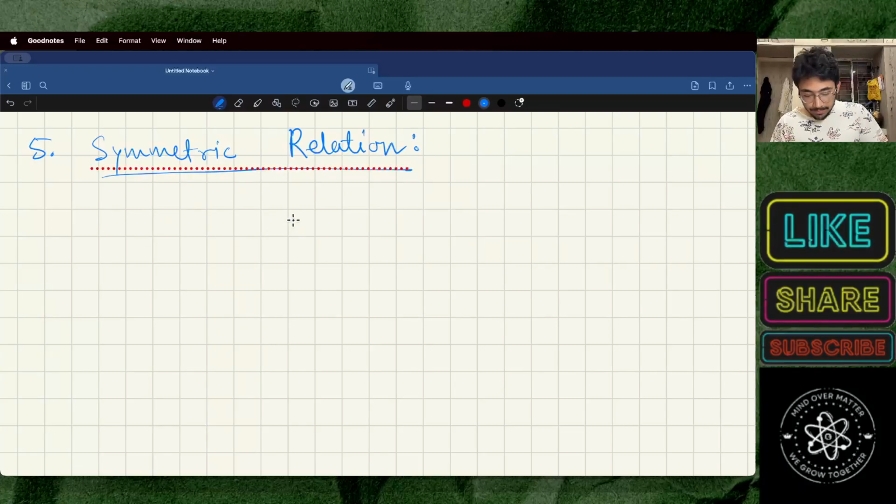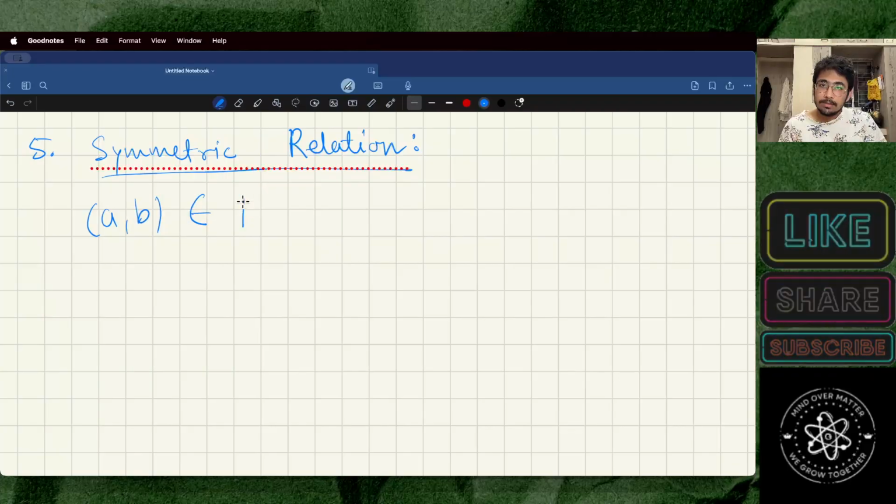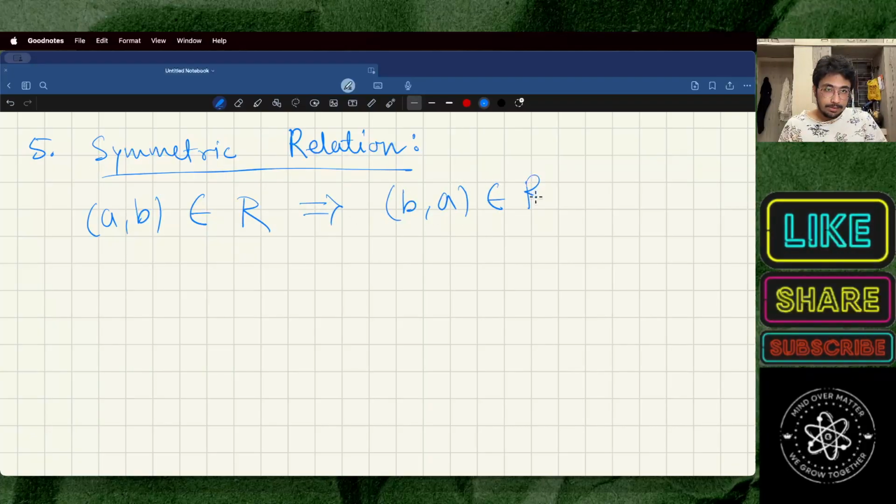A symmetric relation implies that if A comma B is present in the relation R, then B comma A will also be present in R.